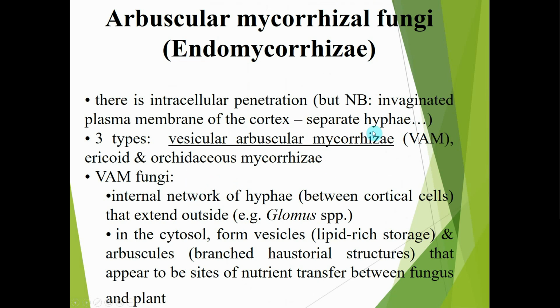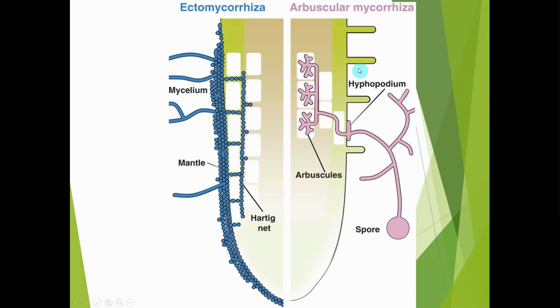And the only thing you need to know about these 3 is that it refers to specific families, but I need you to really know that there are 2 types of mycorrhiza. And here you can see a lovely differentiation between the 2, of how ecto really doesn't penetrate the cortex cells. We have a mantle, whereas here we have vesicles being formed in the actual cortex cells.